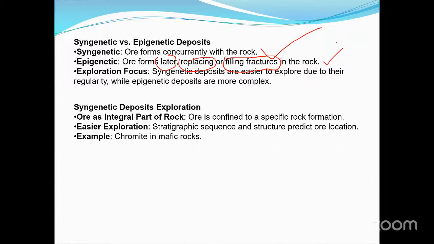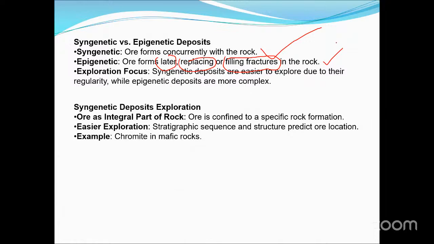For syngenetic deposits, exploration is very easy compared to epigenetic ore deposit identification or exploration, because the stratigraphic sequence and structure predict ore locations, and the ore is confined to the specific rock formation.